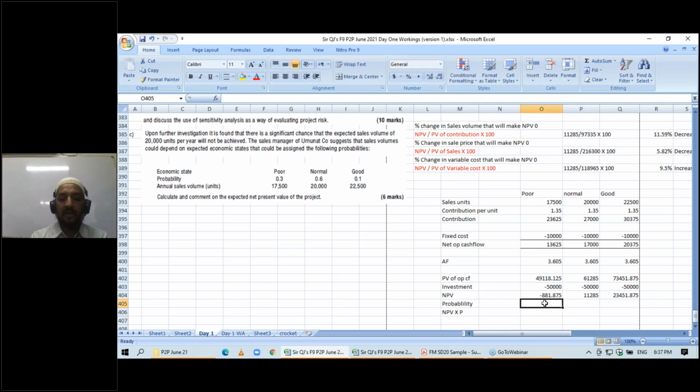So the probability of poor conditions is 0.3. The probability of normal condition is 0.6, and the probability of good condition is just 0.1, which is 10%. So I'm multiplying these items, which are in red fonts, to arrive at NPV into probability.